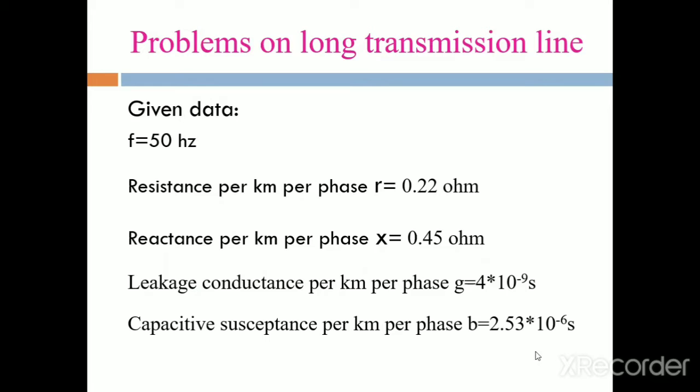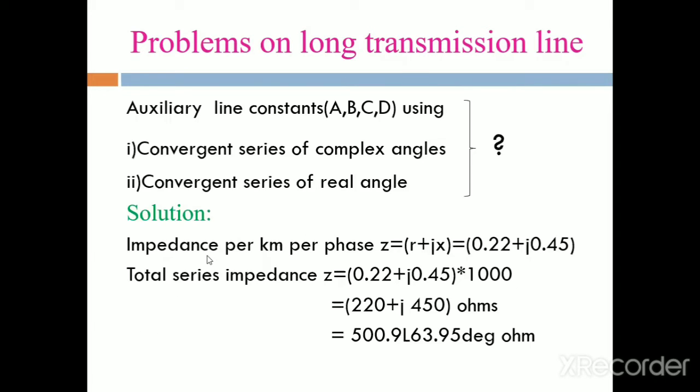This is the given data mentioned in the problem, and then we find out the auxiliary line constants.